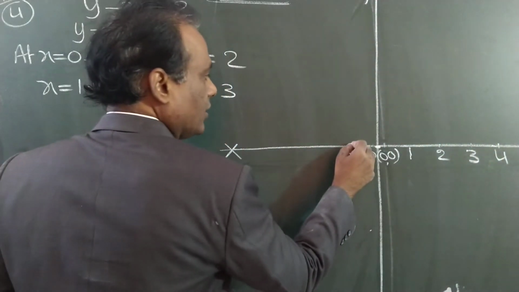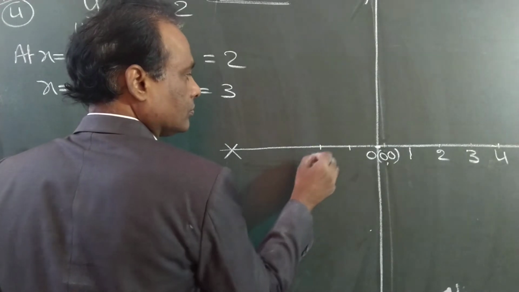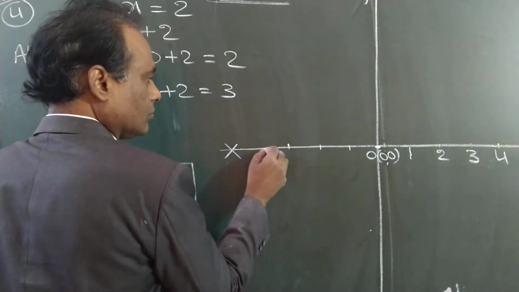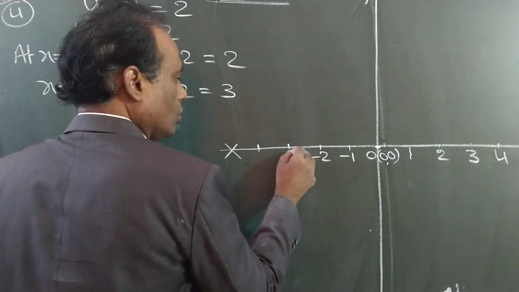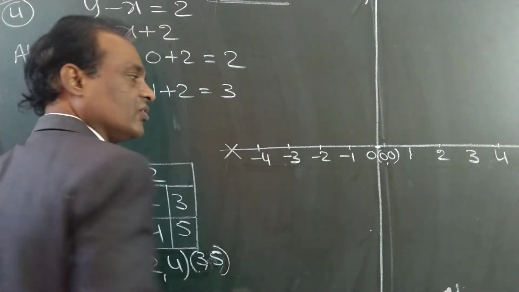This side is negative values: -1, -2, -3, -4.